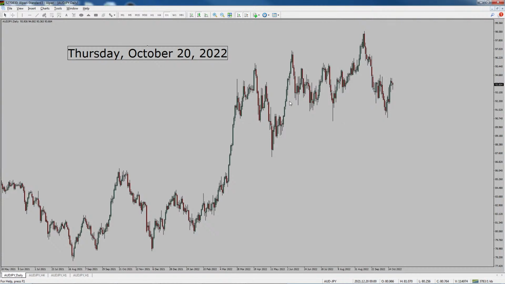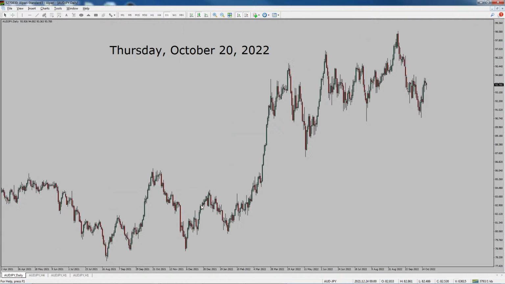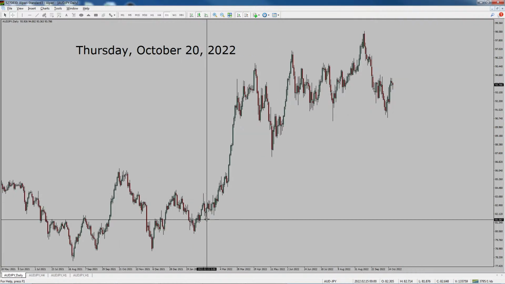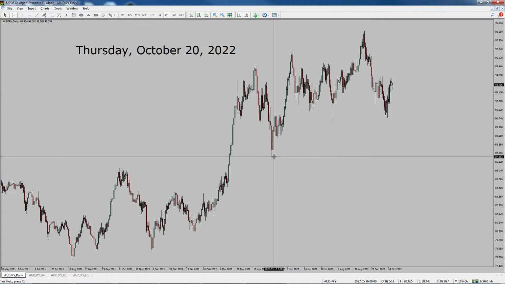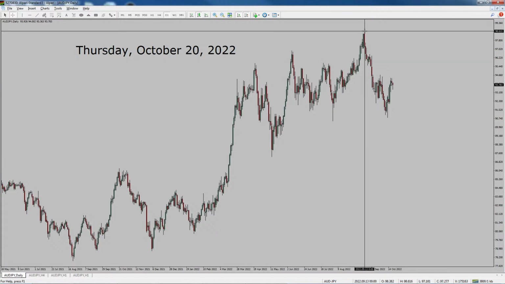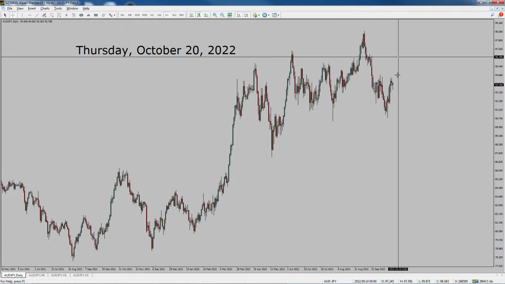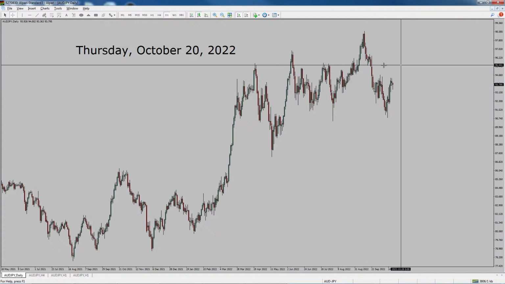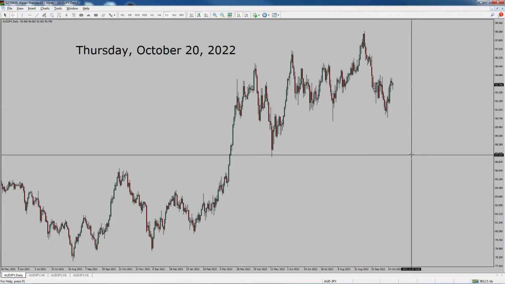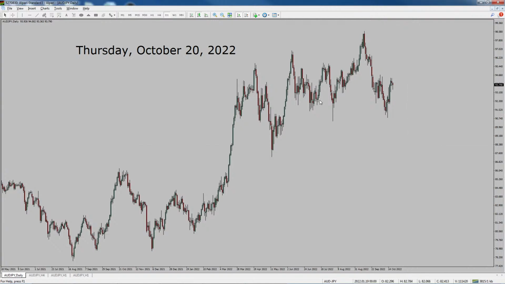So having said that, I'm going to assume that this is most likely 1, 2, 3, 4, and this is 5. So we have seen a top, and price is probably going to move sideways for a while, and then it's going to drop. And this highlighted area is an expanding diagonal, ending diagonal variety.